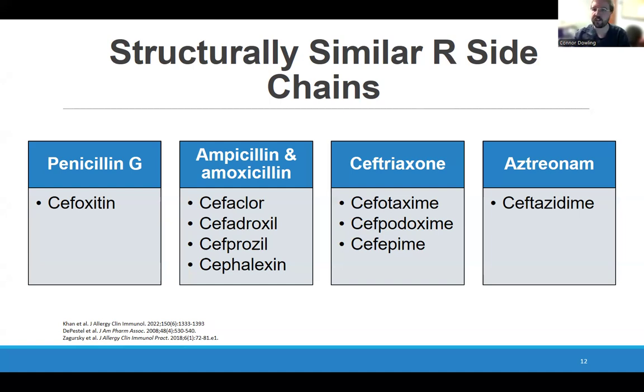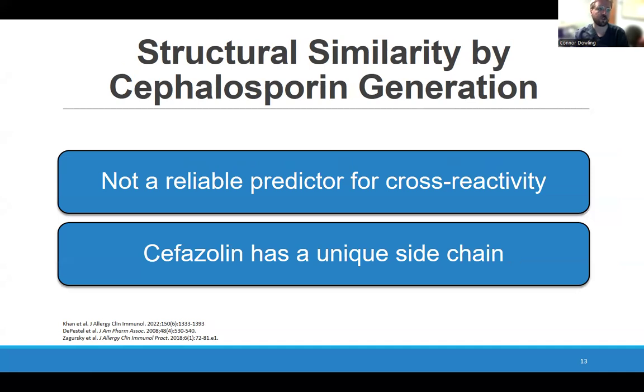One thing that's also been in the mix when we think about structural similarities, our R side chains, and our chance of cross-reactivity, is that we can determine structural similarity just by cephalosporin generation. But this is actually not a reliable predictor of cross-reactivity when we look at the differences between our side chains and our beta-lactam antibiotics.